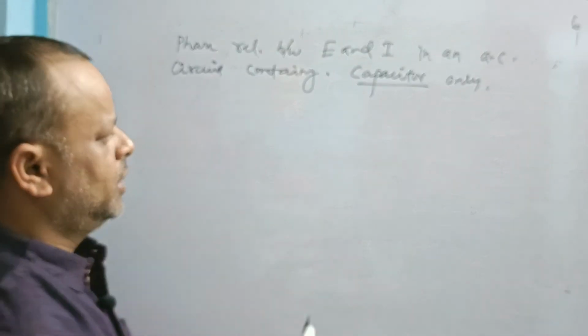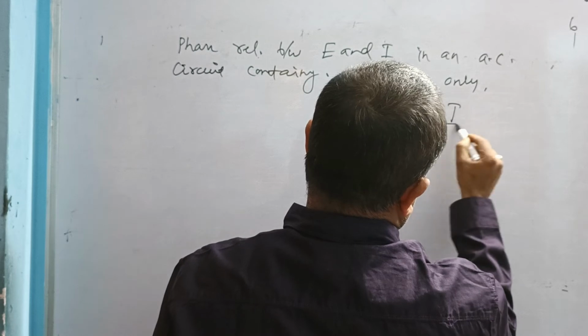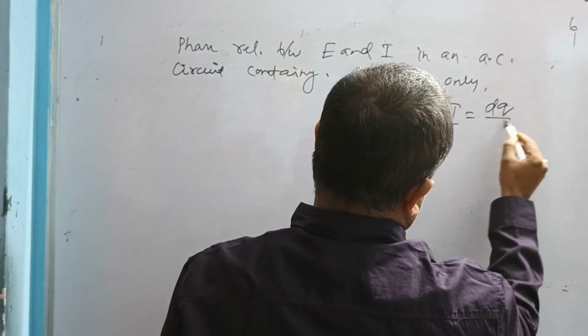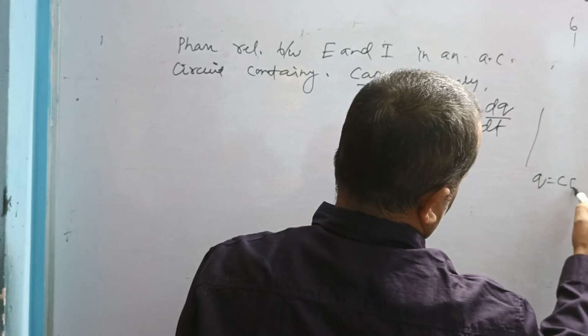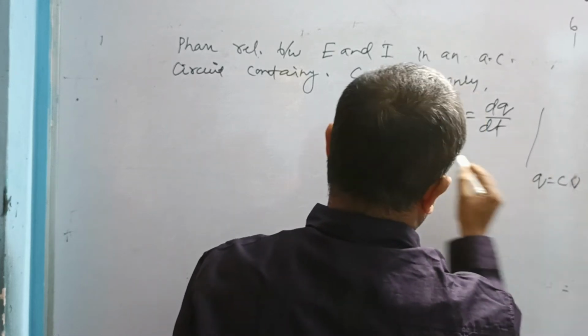See, we know that in the case of capacitor, what we have? I is what? Delta Q by delta T. And we know that Q is what? C into V in the case of capacitor, C into V, or we can write C into E.